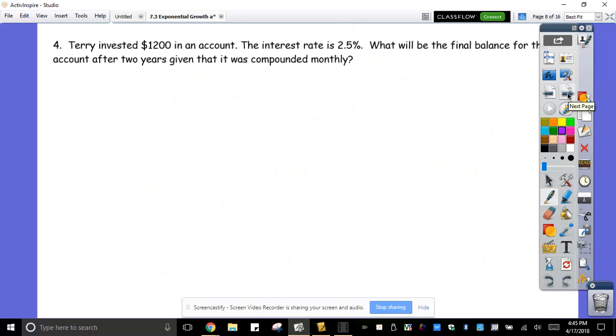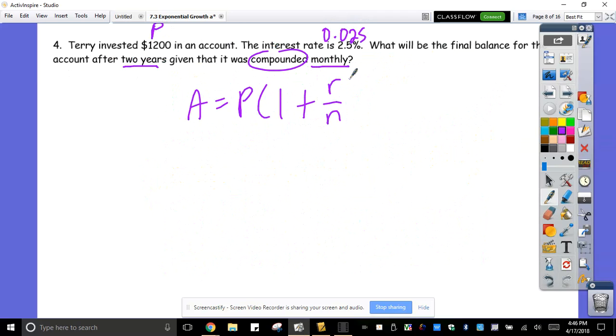Terry invested 1,200 in an account. The interest rate is 2.5%, so you know this is 0.025. That's your principal amount because that's the amount that you invested. What will be the final balance for the account after 2 years, given it was compounded monthly? So the value of n is equal to 12. Since it's compounded, I'm going to use the formula 1 plus r over n to the nt power.